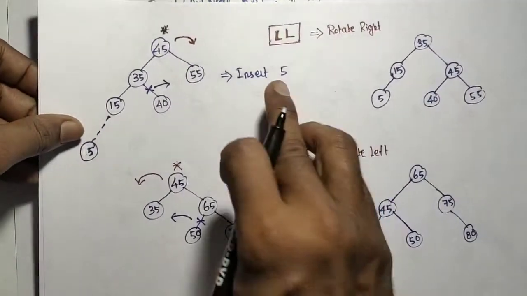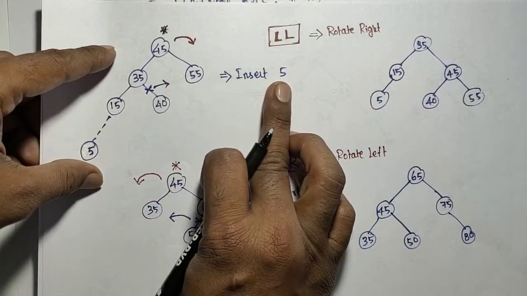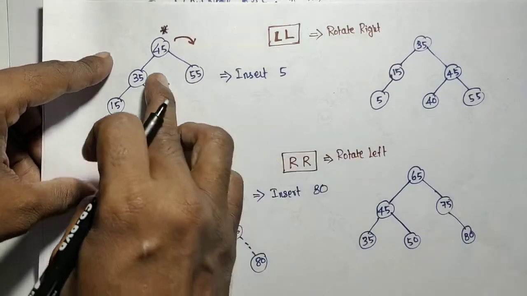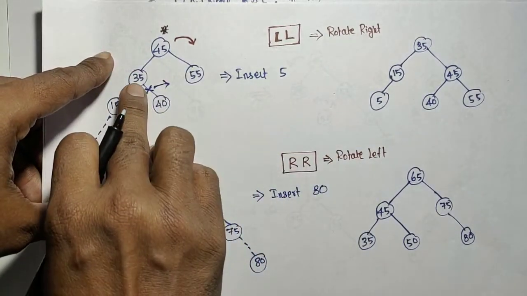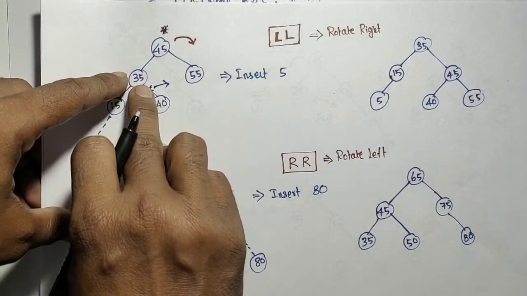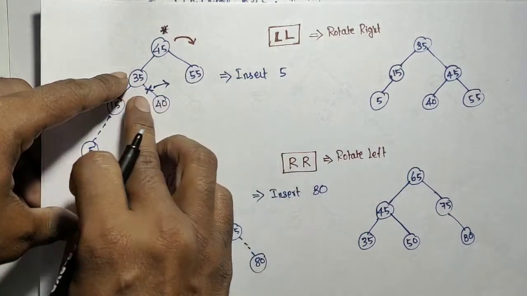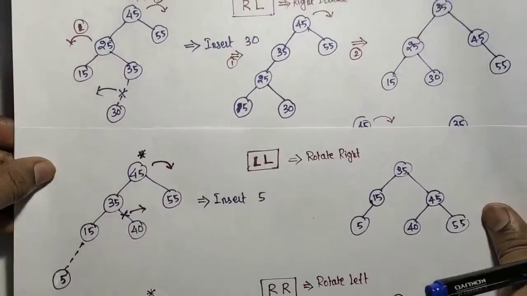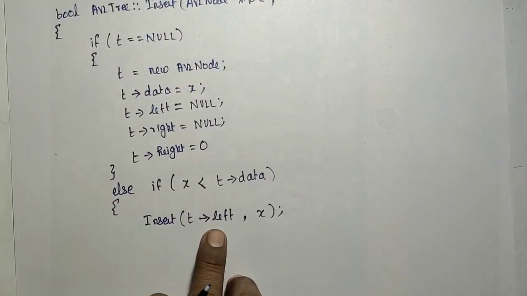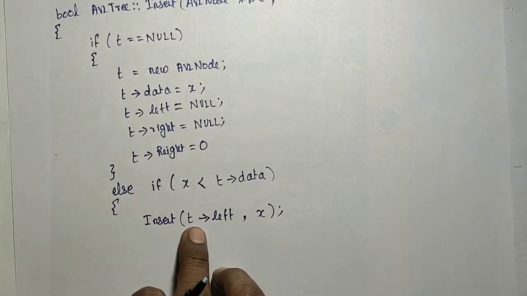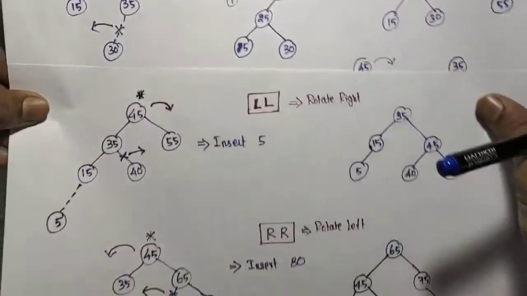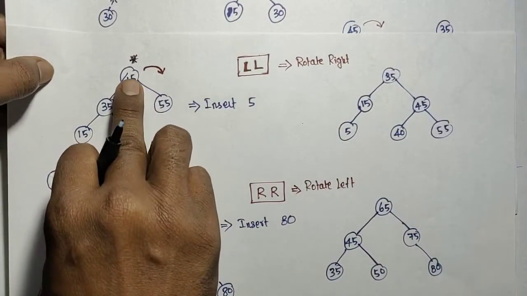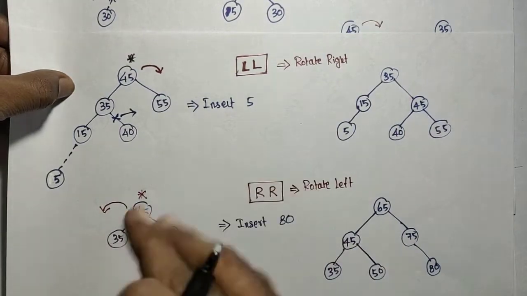So after inserting the 5 to this left side, I need to modify the height. After inserting x on the left side of the t, I need to modify the t height, that we can do later, at last we will do.